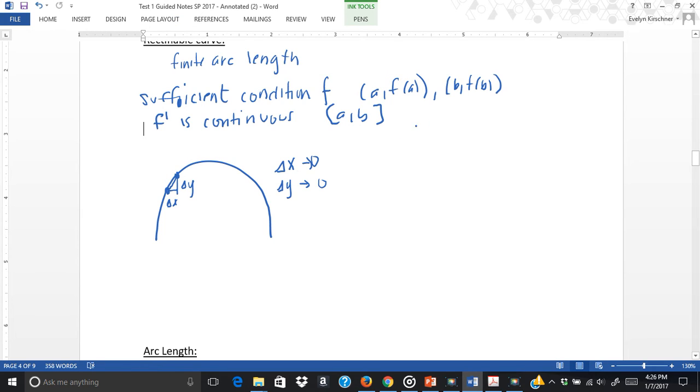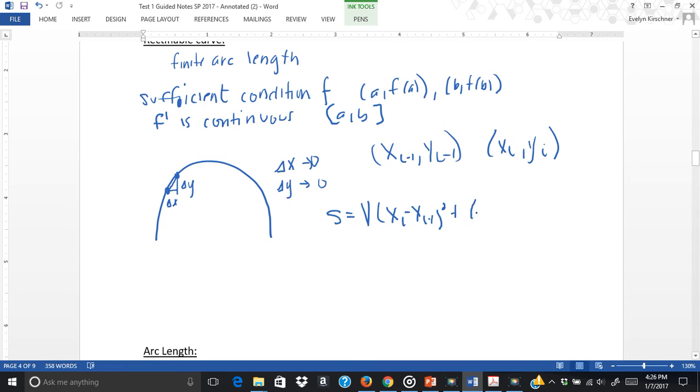If I have 2 points, (x_{i-1}, y_{i-1}) and (x_i, y_i), I know that my arc length is a distance, so it's the distance using the distance formula between those 2 points.